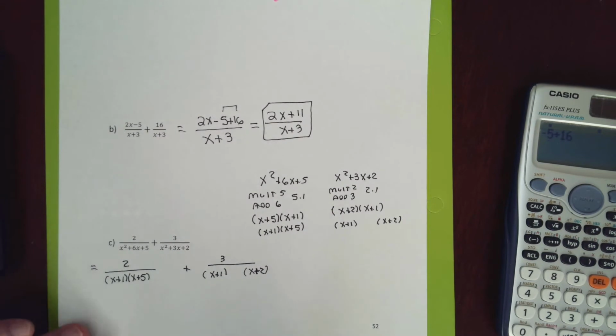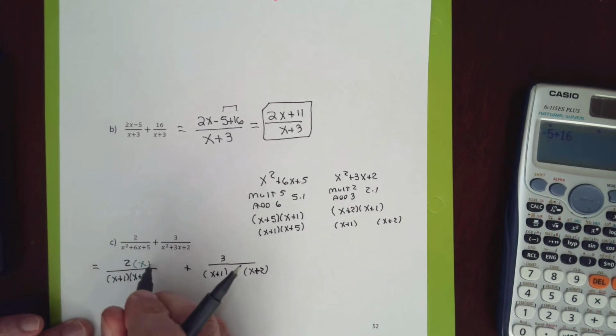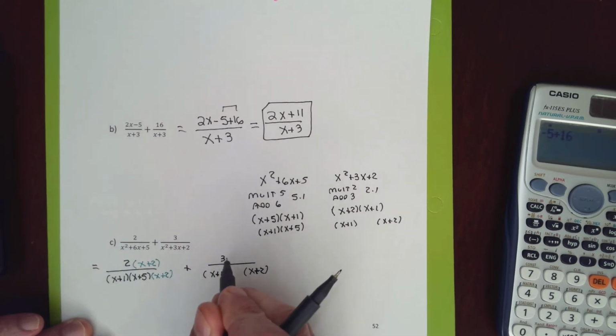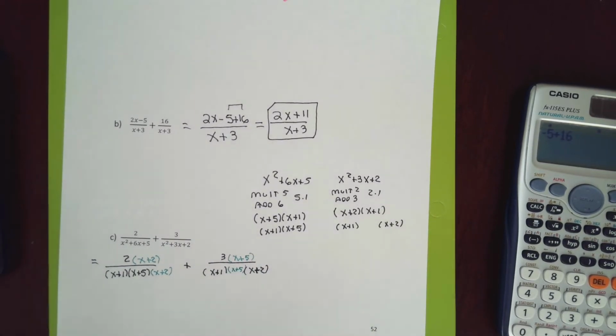And now I'm going to fill the holes in the second denominator and finish the first fraction. The first fraction, I'm going to give it the end part of the second fraction. And the second fraction, I'm going to give it the middle part of the first fraction. I can't cancel the fractions because I don't have an equal sign.